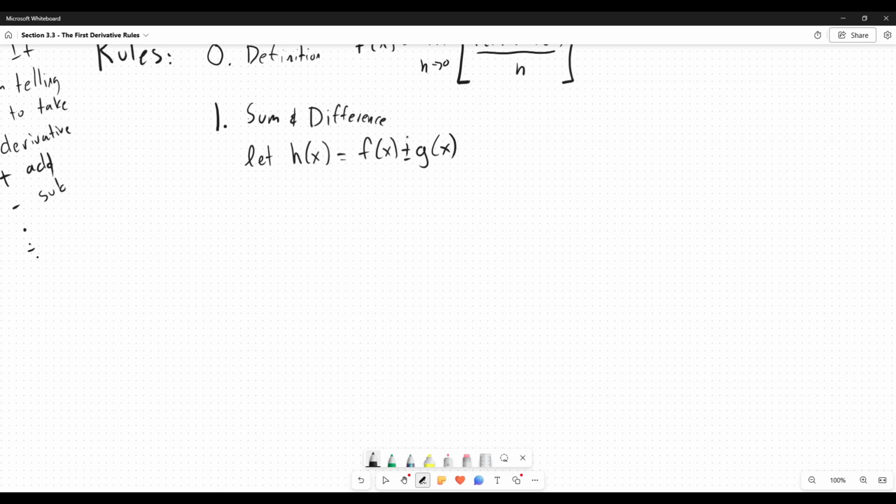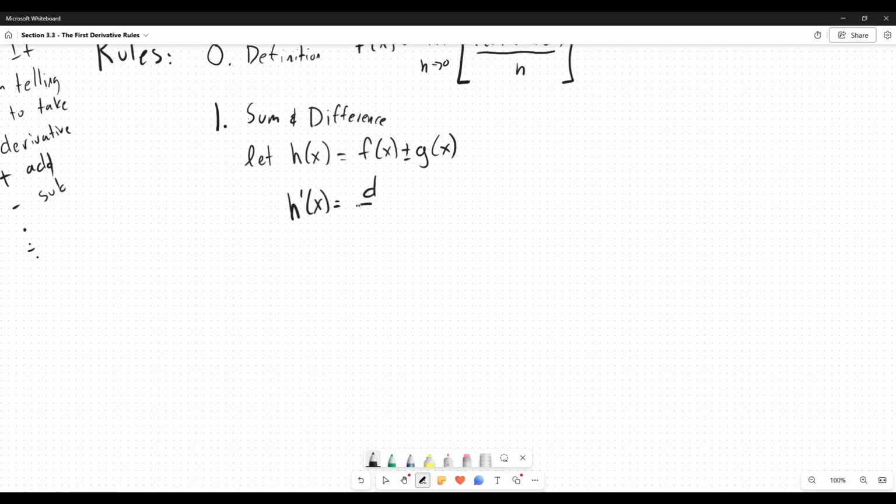And the reason I'm using plus or minus is I'm just saying this rule works for both adding or subtracting. You do have to choose, but if you want to take the derivative of h of x, well, and let me write it this way. So what would h prime of x be?